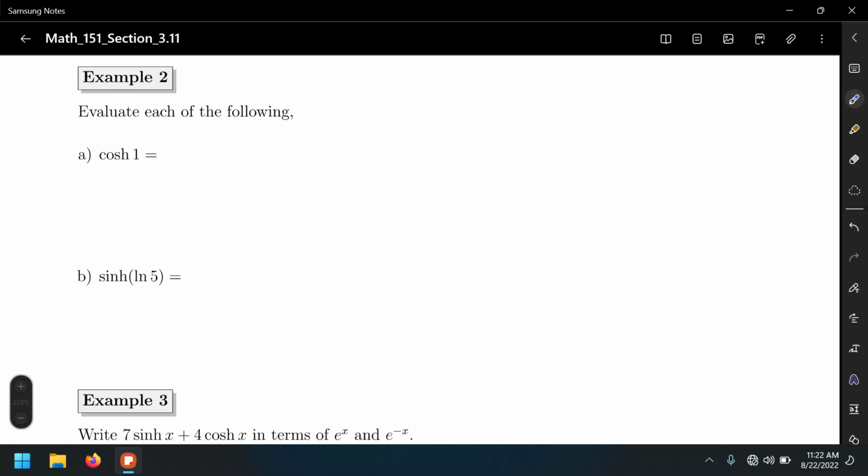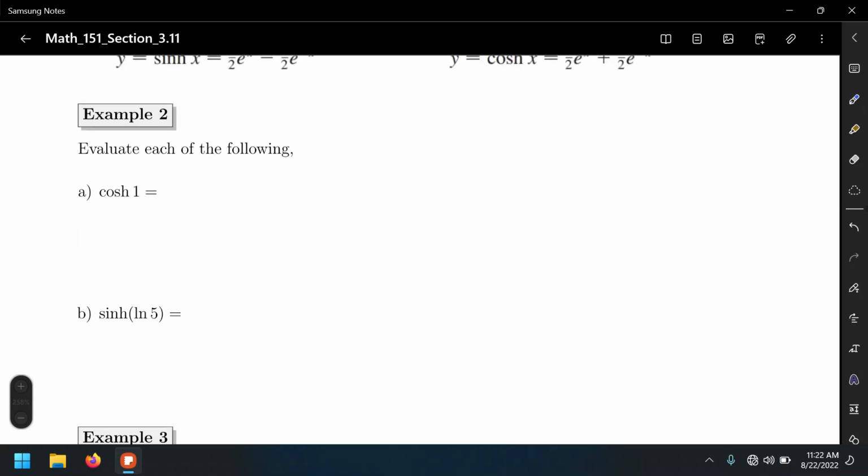And again, I'm going to go back to recall what the cosh function is. Cosh x is e to the x plus e to the negative x, over 2. Sinh x is e to the x minus e to the negative x, over 2. This is minus, this is plus.